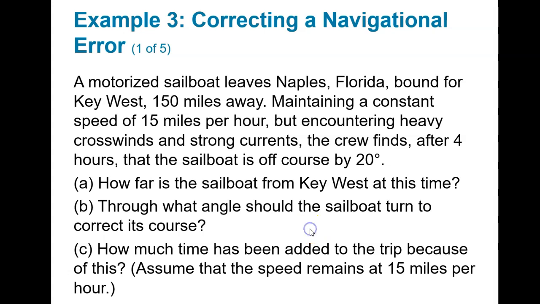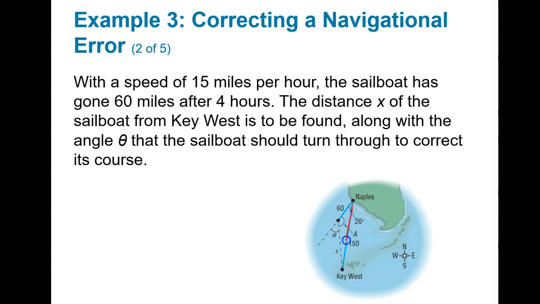So let's look at the first question. This is the trajectory we wanted to be on, but we got off by this 20 degree angle right here, and we've gone 60 miles in that direction. The next question is how much further do we have? Well, we know how far the distance is. That's 150, that's this one.